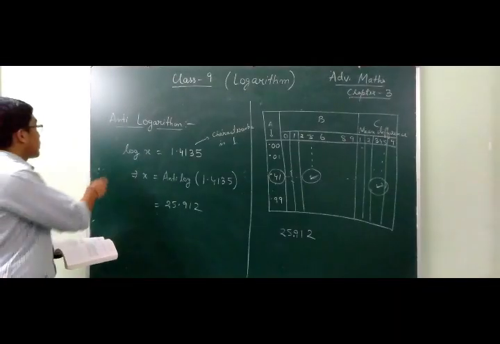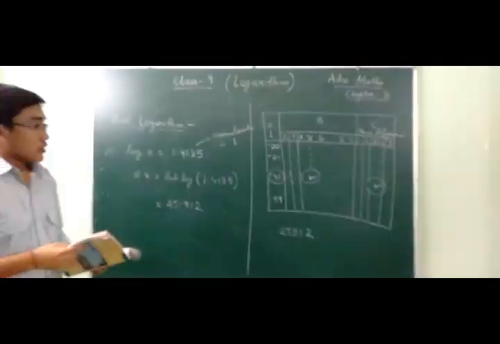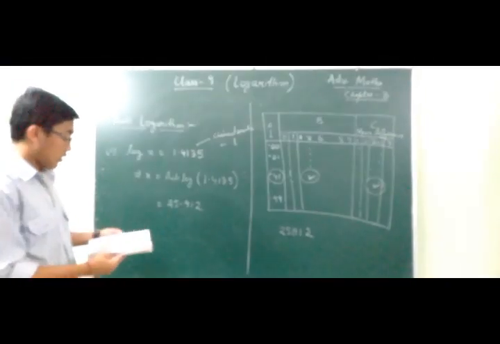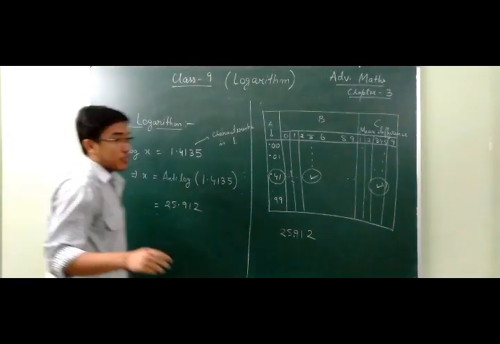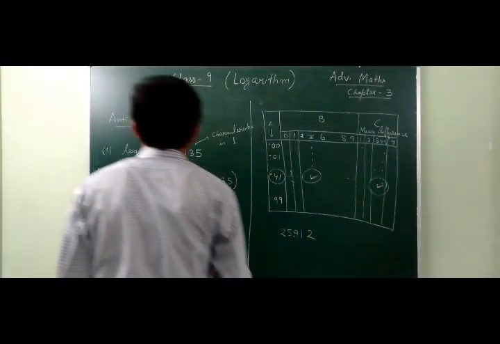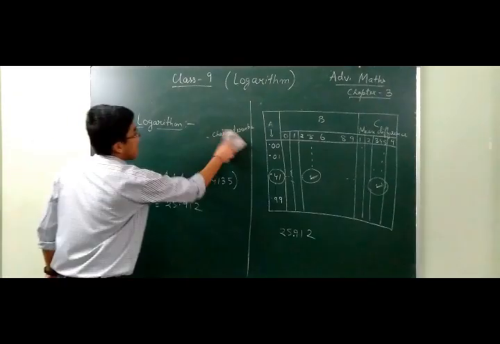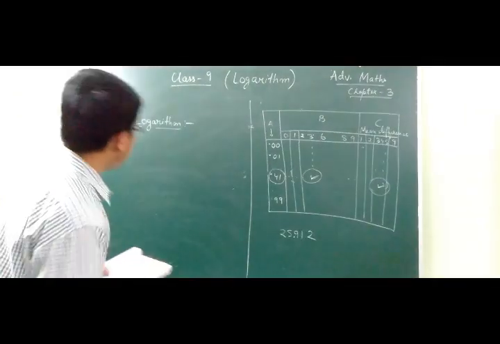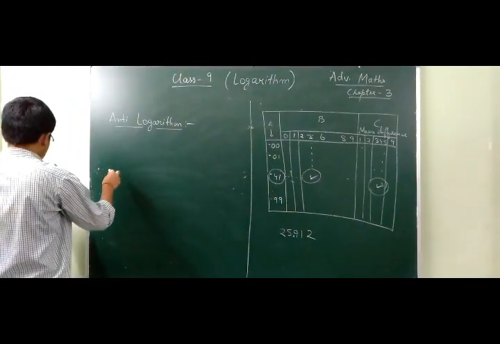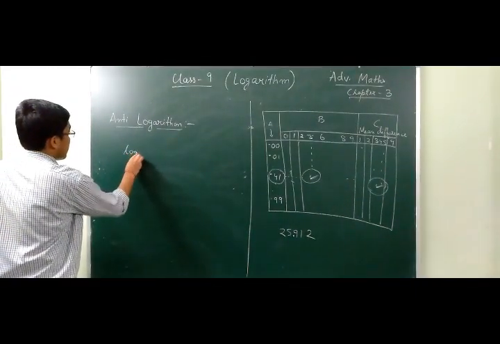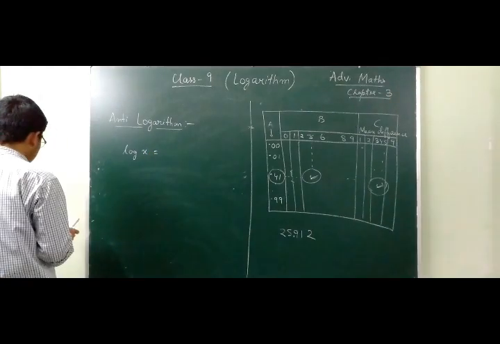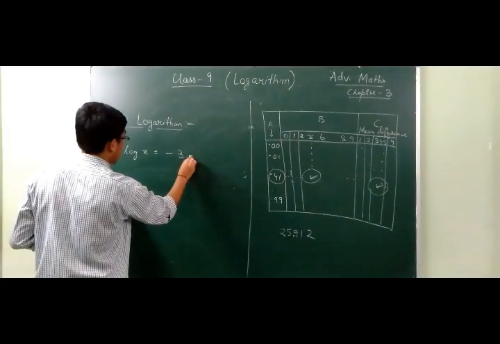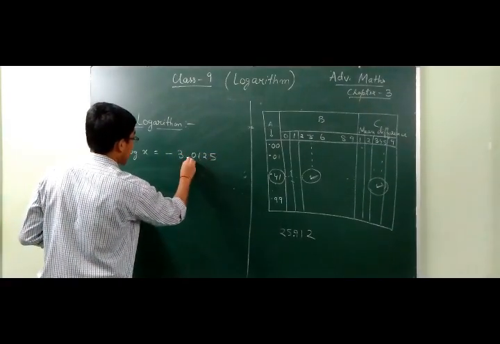Now this is one concept. Now another concept is here, which says that, okay, let me erase this part. Now see this one carefully. Suppose I have log of some x, and I get the value to be negative, suppose minus 3.0125.